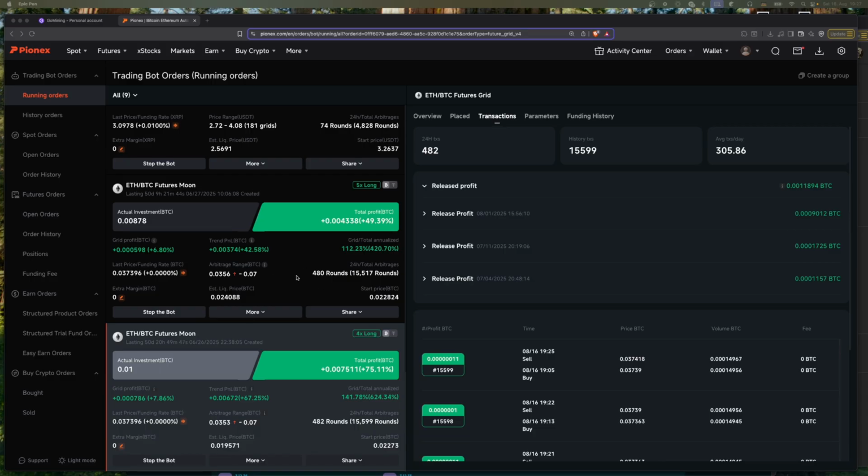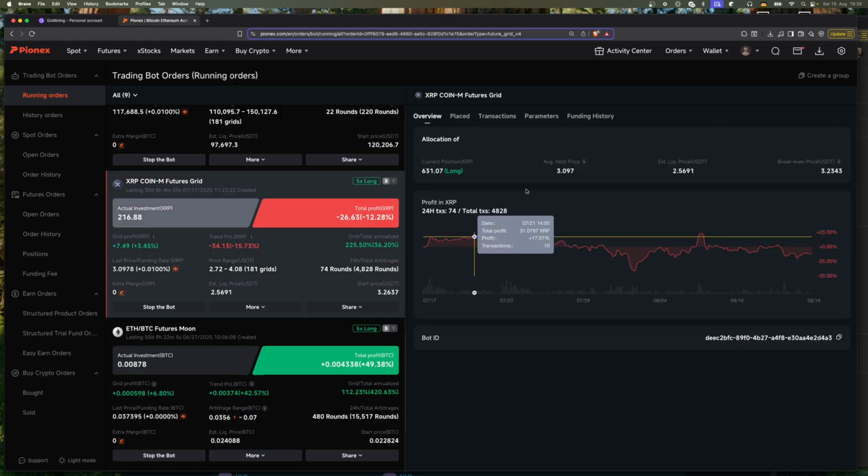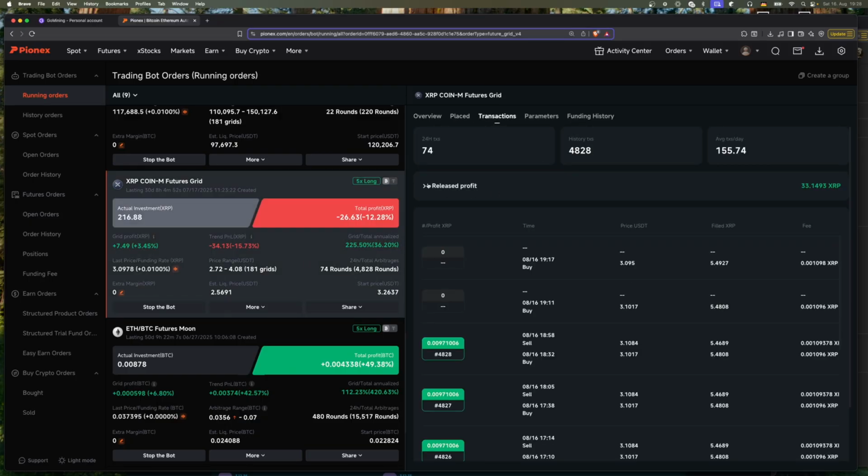All right. These are the futures moonbots. This here is a classical coin and futures grid bot. Currently it looks not so great, but what I don't like about this display of the P&L is that it does not take into consideration the amount I already withdrew from the grid. So when we go in here, you can see my transactions, I already released 33 XRP.